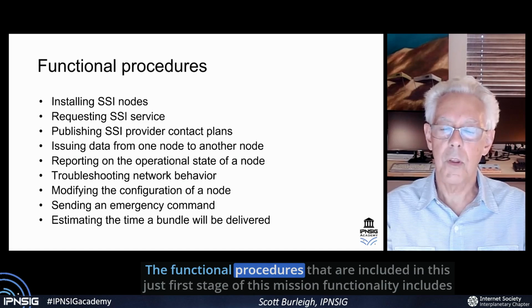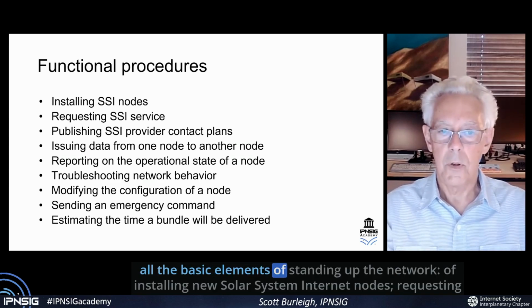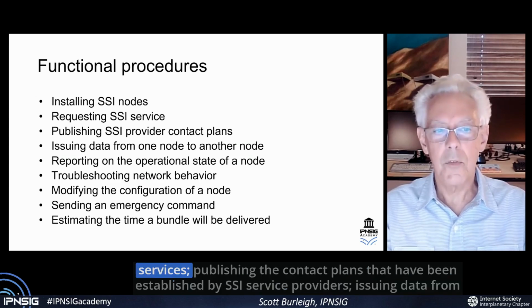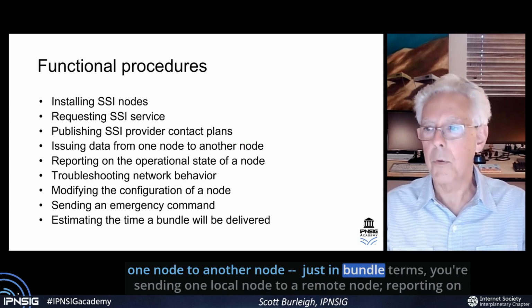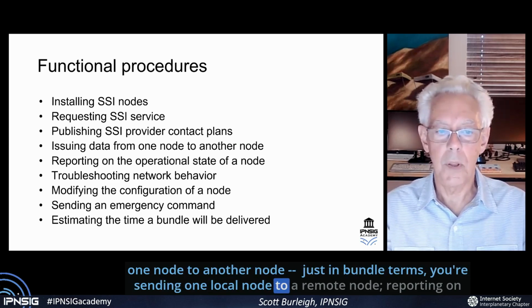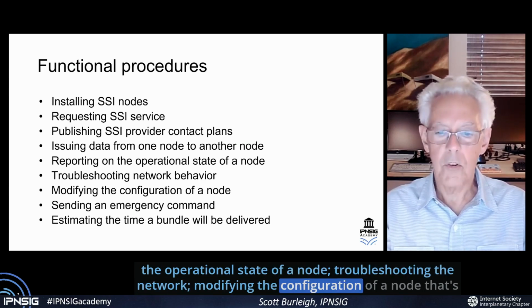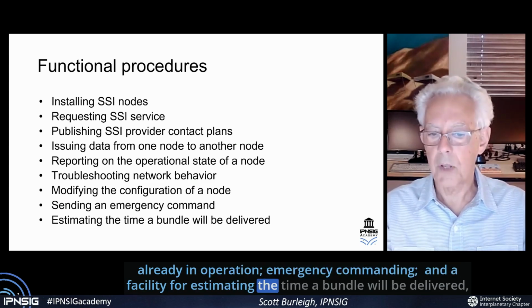The functional procedures that are included in this first stage of mission functionality include all the basic elements of standing up the network, of installing new solar system internet nodes, requesting services, publishing the contact plans that have been established by SSI service providers, issuing data from one node to another node, just in bundle terms, you're sending a bundle from one node to another, reporting on the operation state of a node, troubleshooting the network, modifying the configuration of a node that's already in operation, emergency commanding, and a facility for estimating the time a bundle will be delivered.